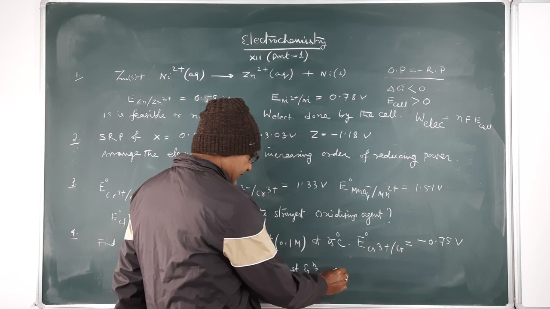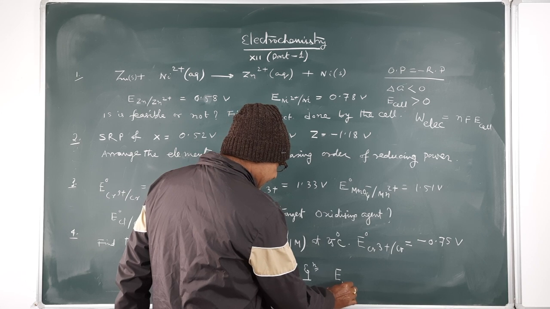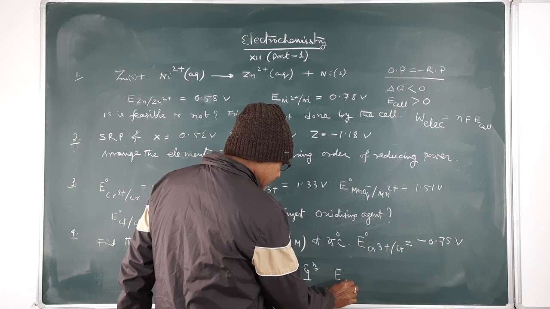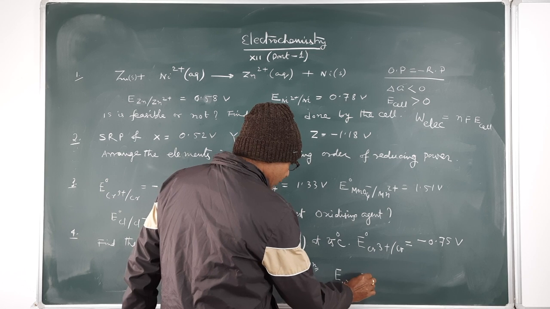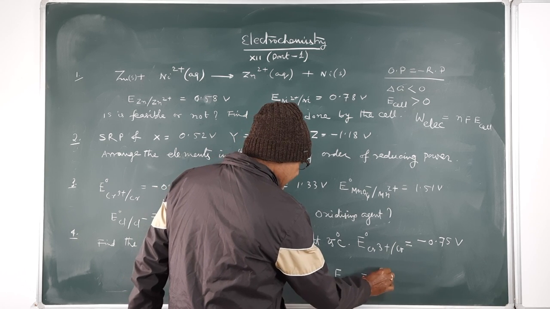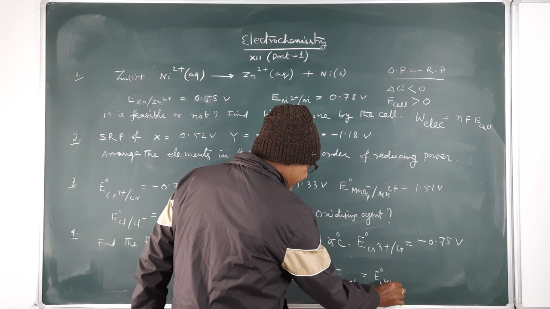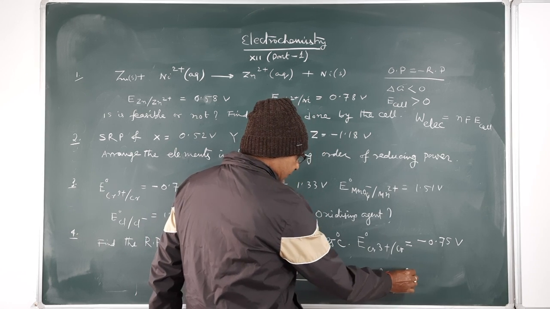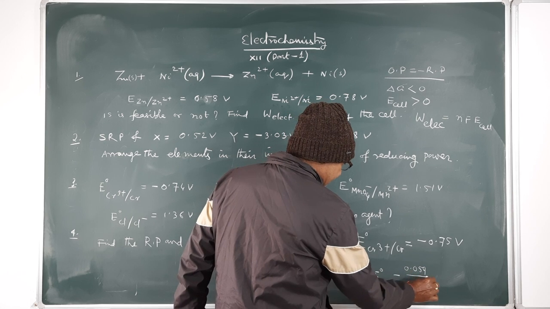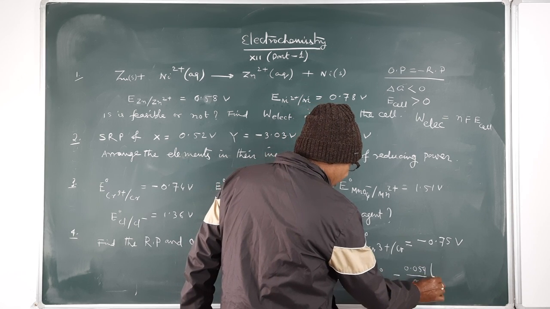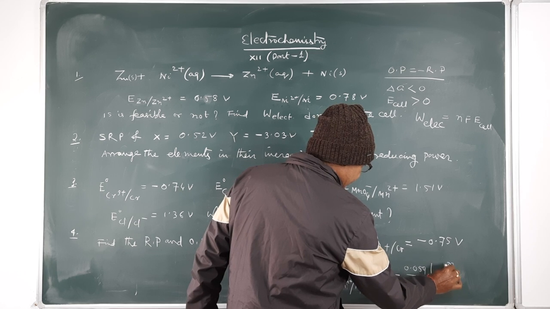The Nernst equation is E cell equals E naught cell, that is E naught of M^n+/M, minus 0.059 by n log product by reactant.